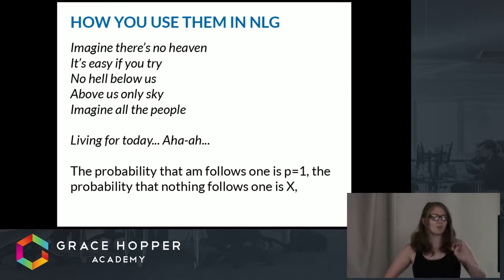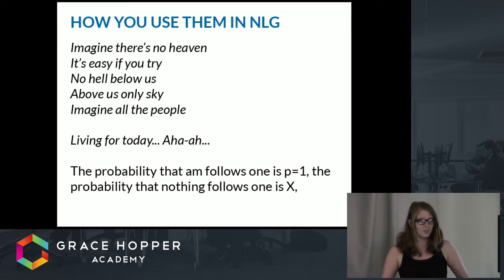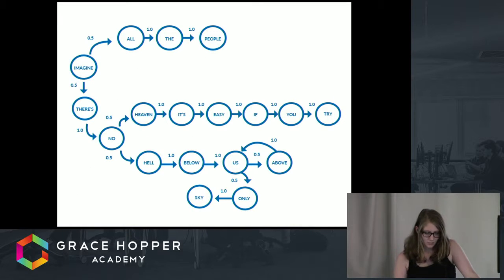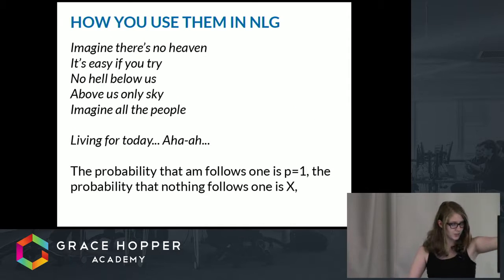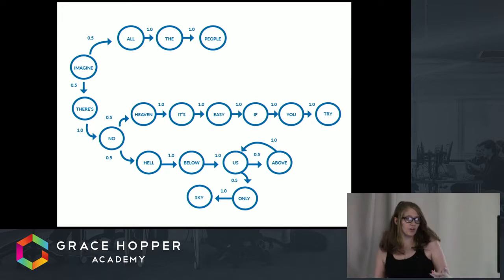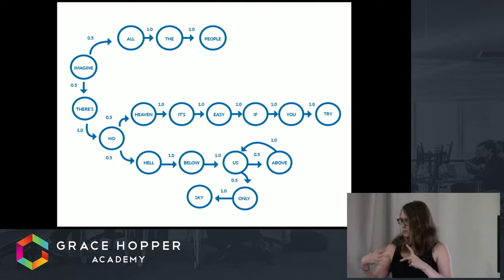Okay, let's give another example of how this works in more depth. If everyone knows the John Lennon song, Imagine, if we wanted to make a Markov chain that generates text, we might use these lyrics as our training data and say that each word in that set that we originally started with will become a state.